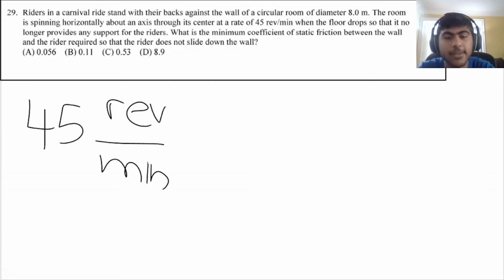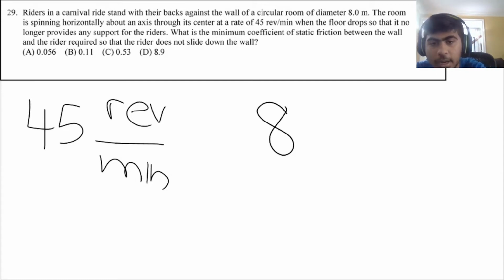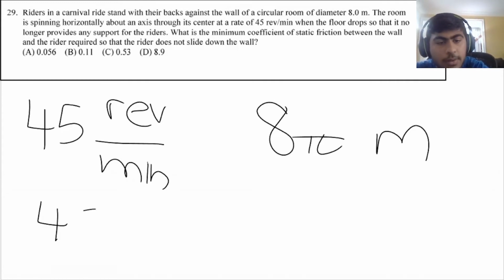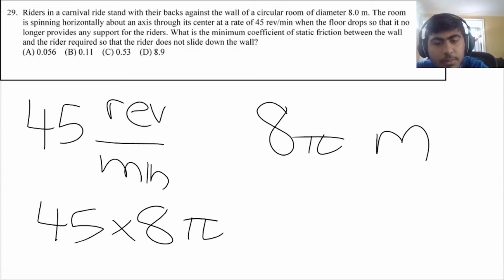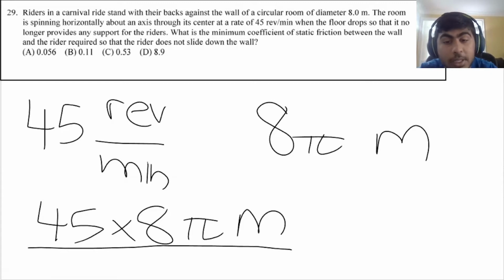And that circumference is 8 pi, because we're given that the diameter is 8 meters. So basically, for every revolution, we go 8 pi meters. So 45 times 8 pi meters for every minute. But we don't want it in minutes. We want meters per second because we know how to deal with that.